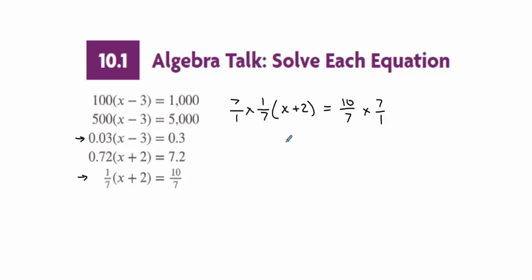So now I end up with x plus 2 is equal to 10 times 7 is 70. 7 times 1 is 7. 70 divided by 7 is 10. So what I have here is x plus 2 is equal to 10. So I'm going to subtract 2 and subtract 2. And I end up with x is equal to 8.